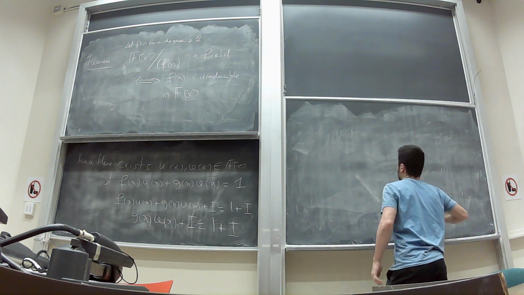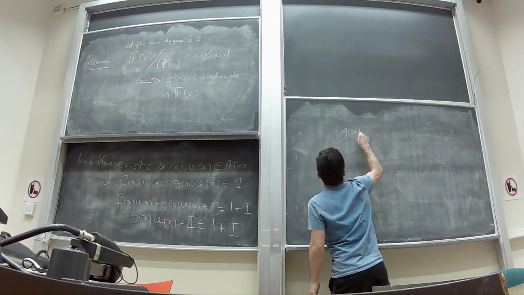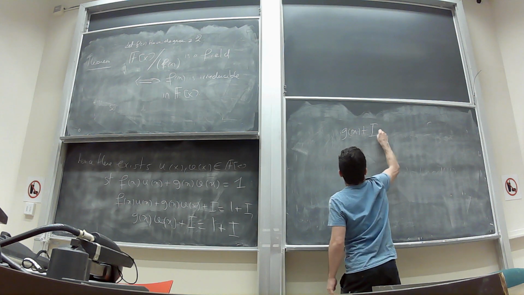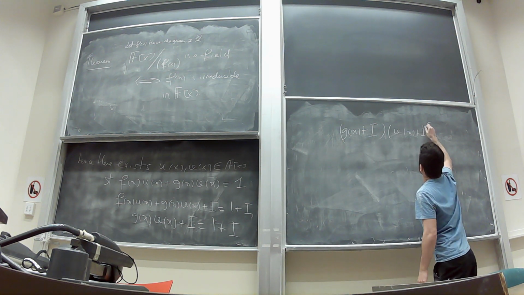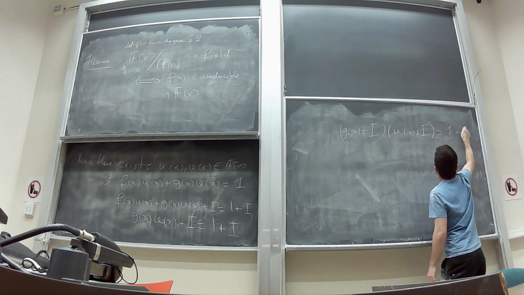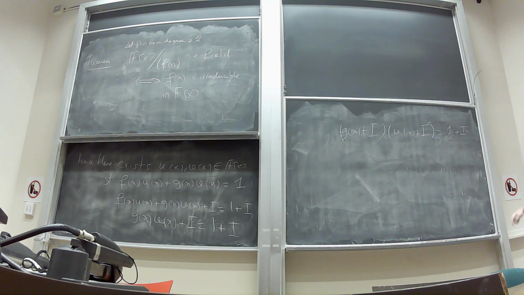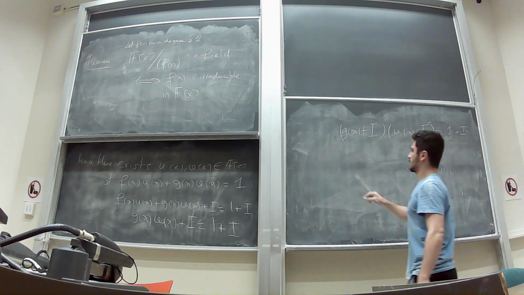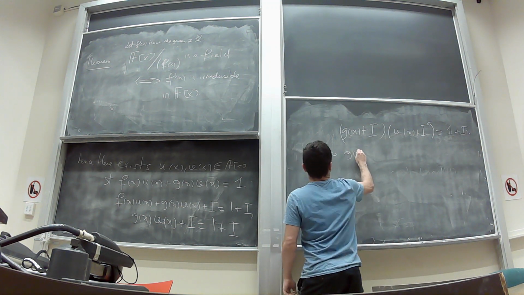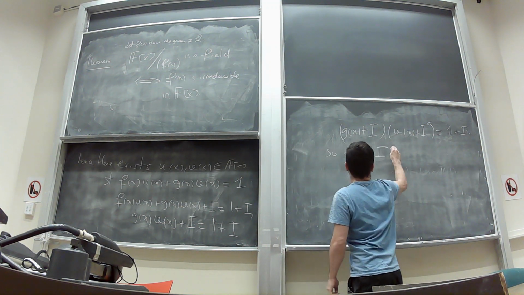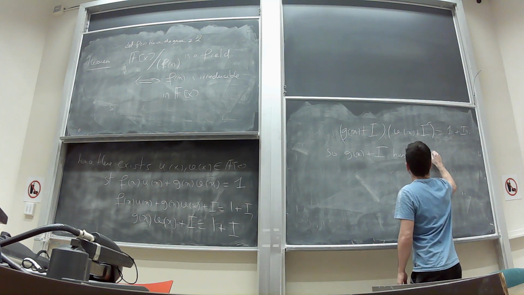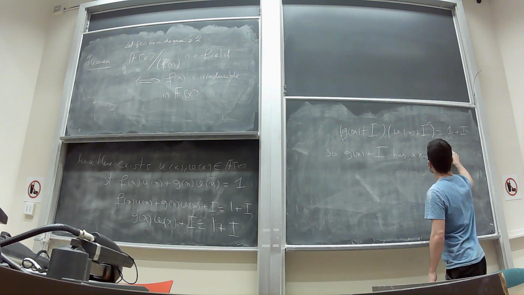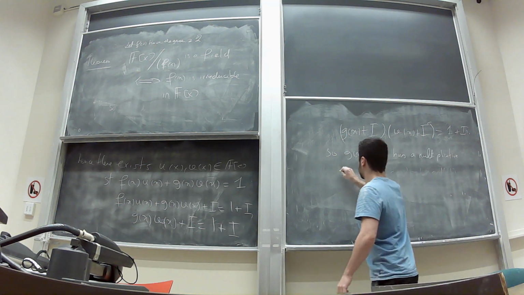So you get that g of x plus I, times v of x plus I, is equal to 1 plus I. So the coset g of x plus I has a multiplicative inverse.